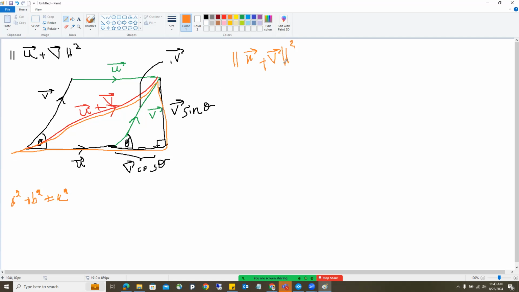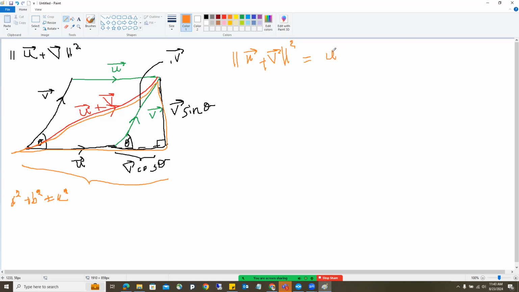We have to convert it into length, that is, the magnitude of vector u plus vector v, squared. This is equal to this one squared plus this one squared.